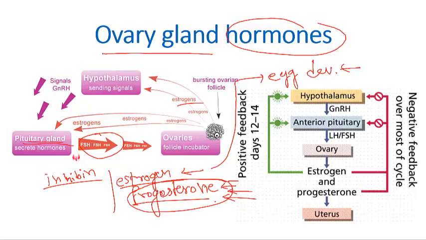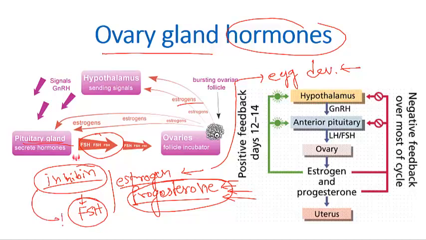While the last one, inhibin, if you look, inhibin regulates the secretion of follicle stimulating hormone, which you know is secreted by the anterior pituitary gland, but inhibin actually regulates the secretion of FSH.